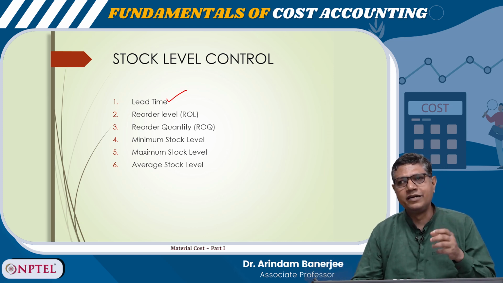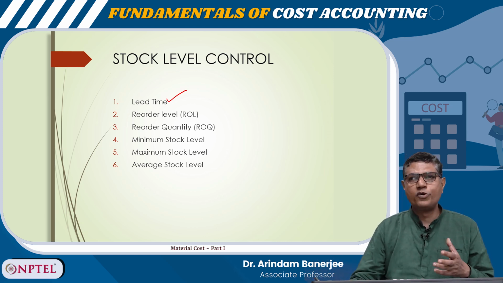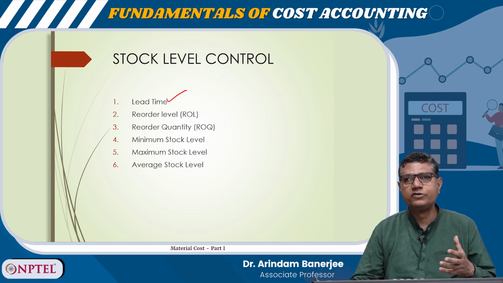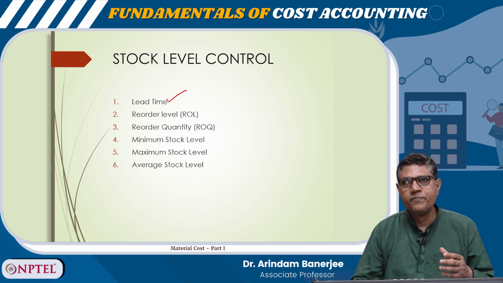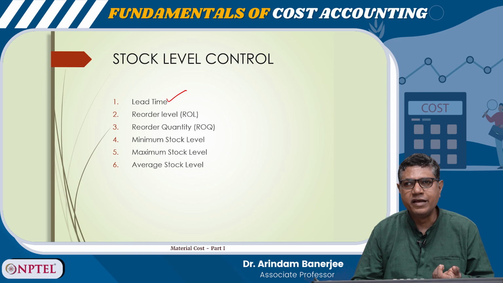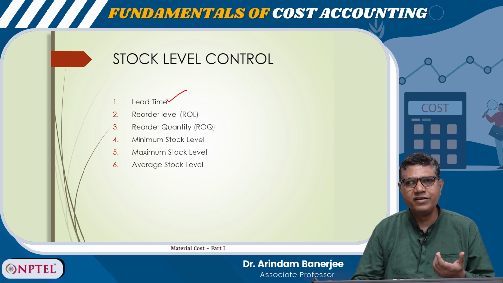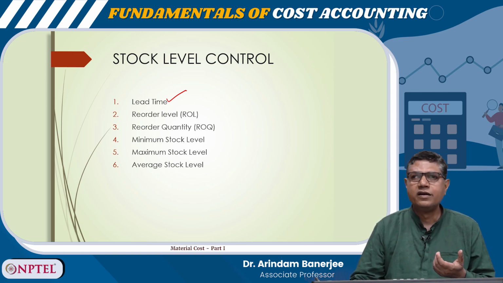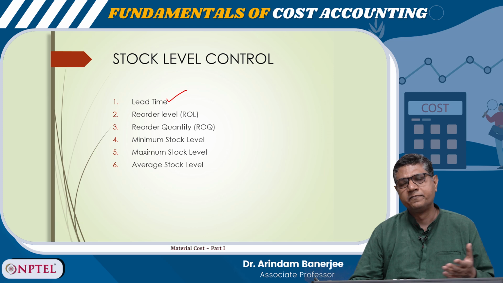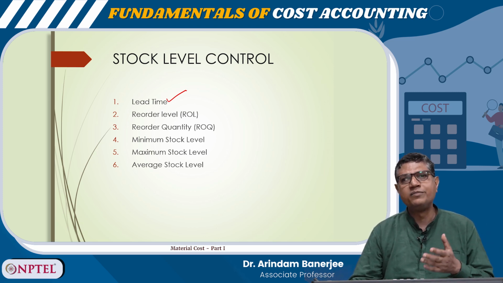For some products the lead time may be very less, for some products the lead time may be quite high. If the product is imported from abroad, then the lead time may be high. If it is a local material, the lead time may be very, very low. Nowadays, many of the suppliers' ancillaries are created, situated in the periphery of the mother plant.